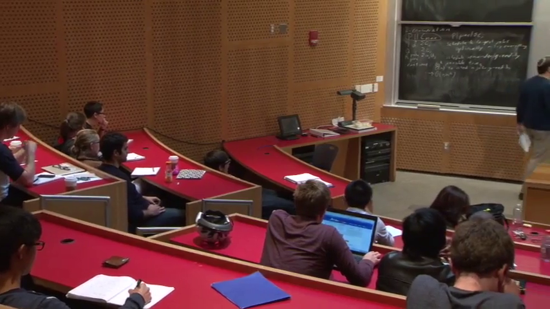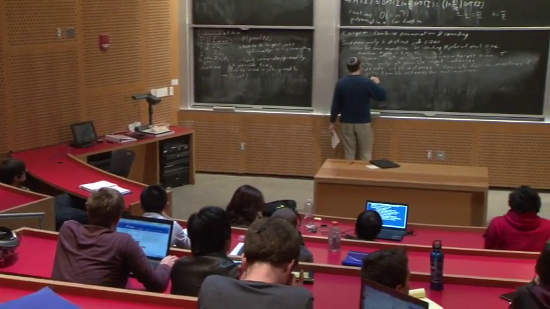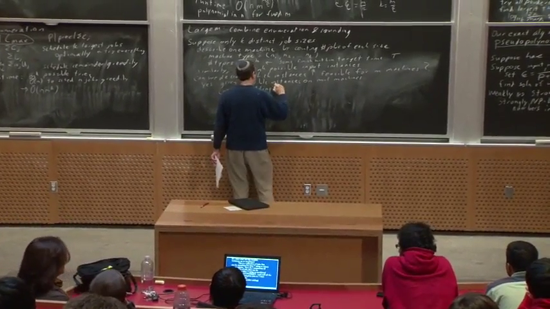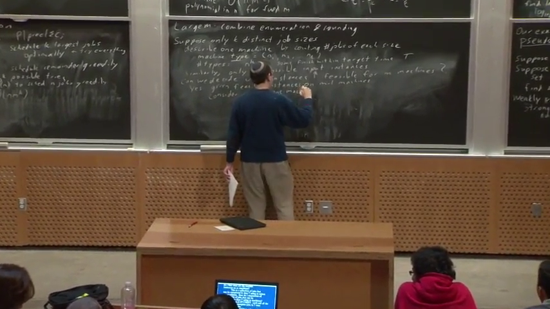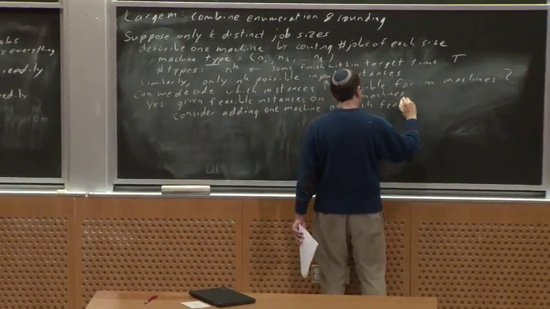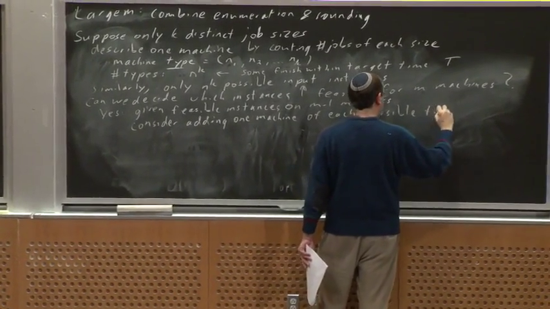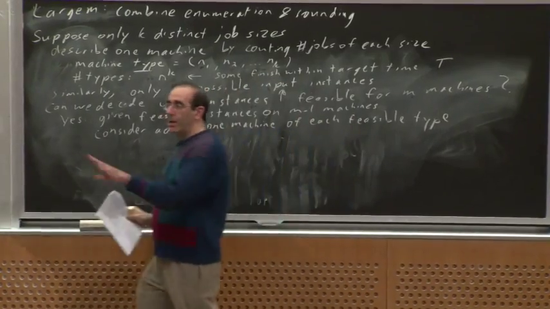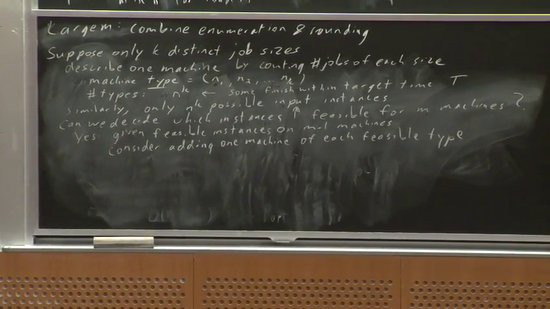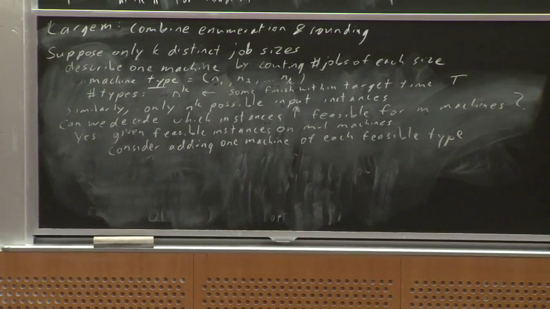Exactly. So what we do is we just consider adding one machine of each feasible type. Right? If I have a set of jobs that can be completed with m-1 machines, and now I try tacking on one more machine with some more jobs, that gives me a set of jobs that can be completed with m machines.